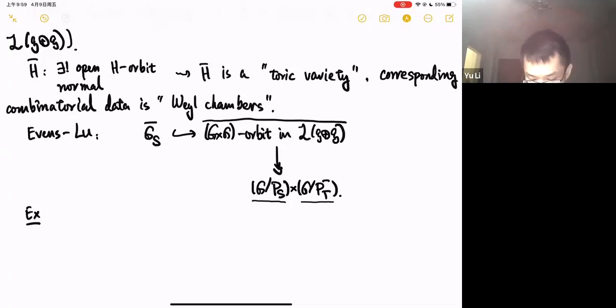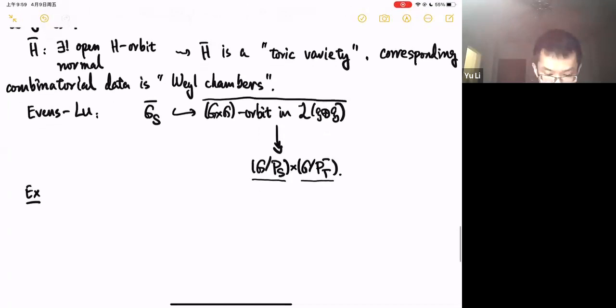Whatever the meaning of P_S and P_T minus are, they are just some parabolic subgroups. So the base here is just a product of two copies of partial flag varieties. And the fiber here is G_S bar, where G_S just means some semisimple group, and G_S bar means this wonderful compactification.